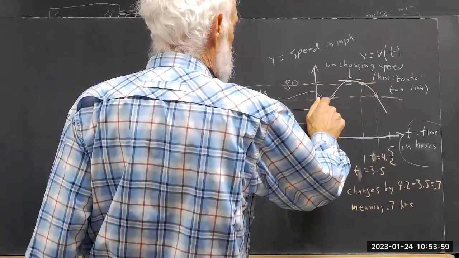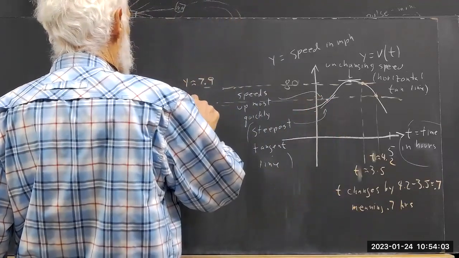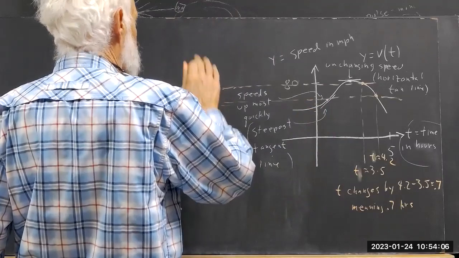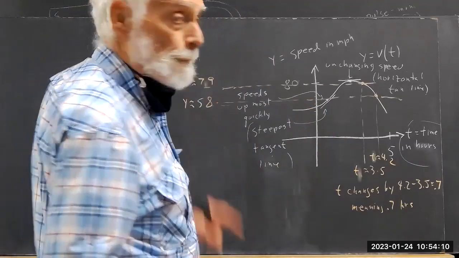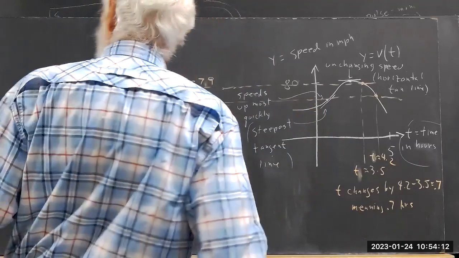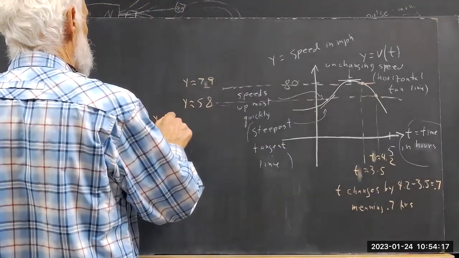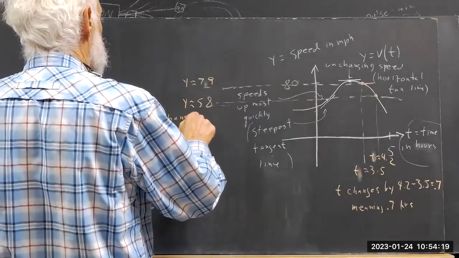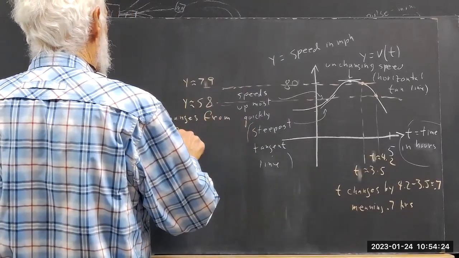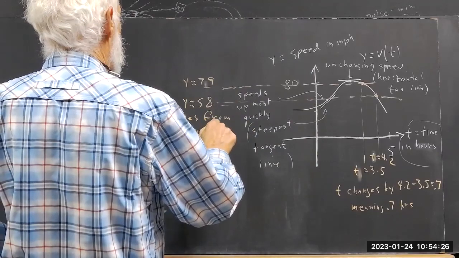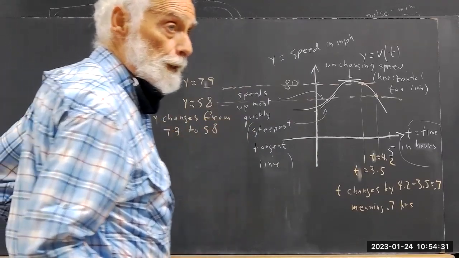I'm going to say 40 is about here, so 60 is about here. It's not 7.9, it's 79. Yeah, I'm going to say it's about 58 here. Okay. So Y changes from 79 to 58.